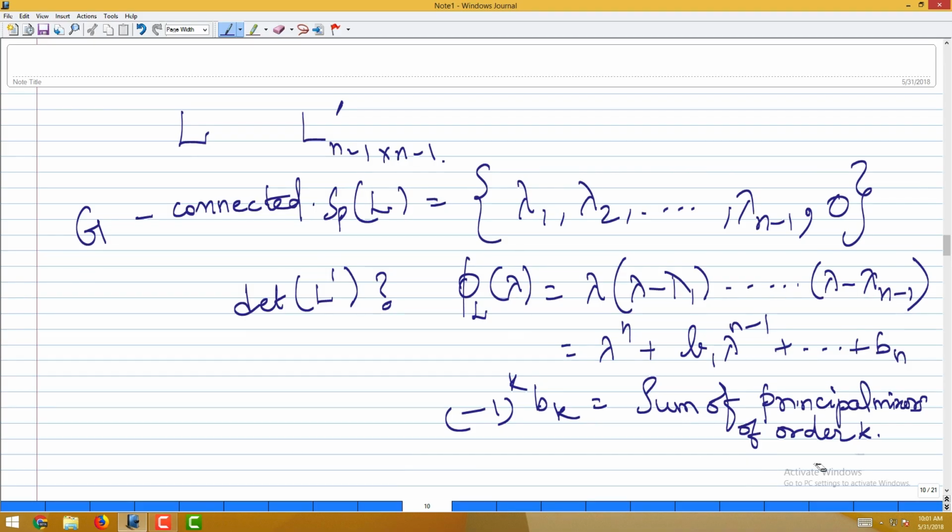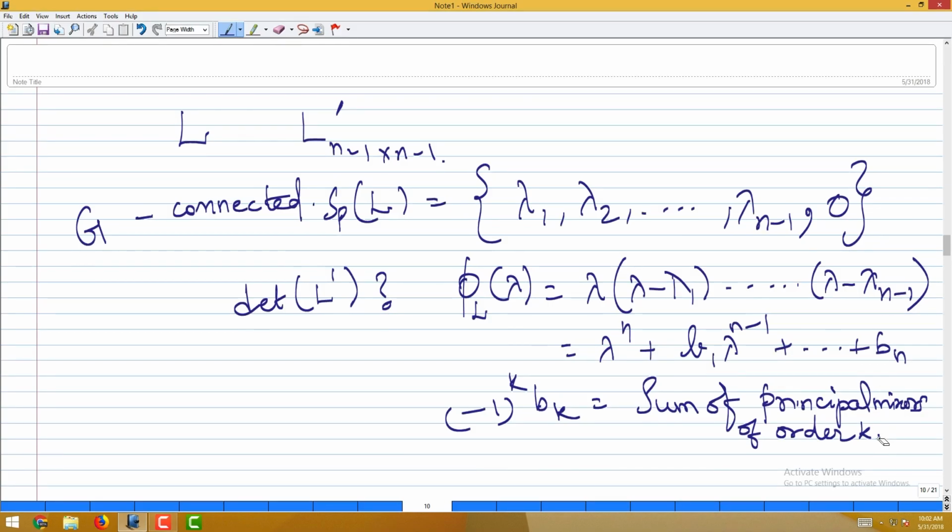From here, if I want to look at order k, that means order n minus 1, that is what we want. The determinant of L prime is nothing but the n minus 1 by n minus 1 submatrix. So, from here, if I want to connect that, what will be the value?